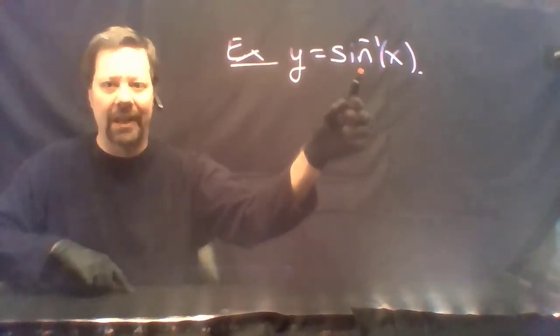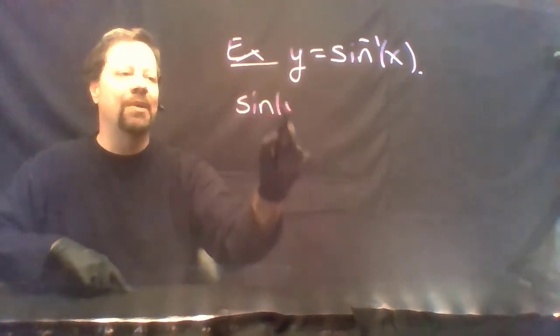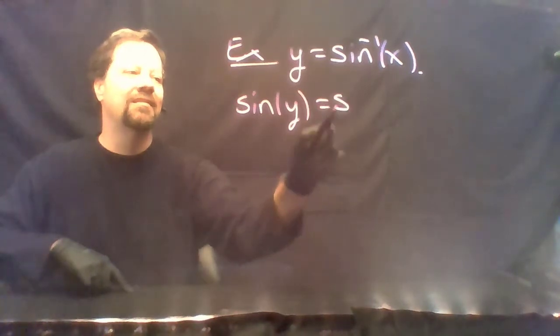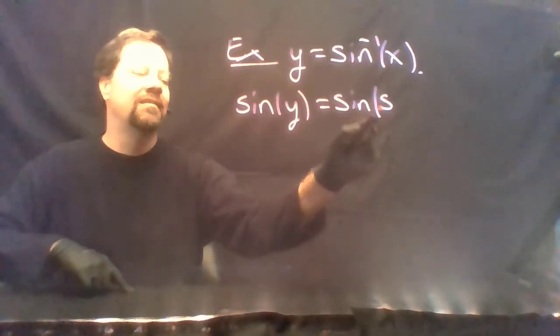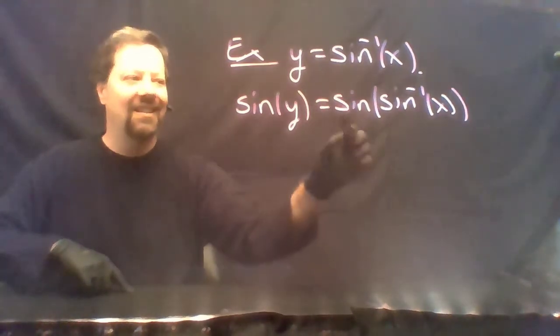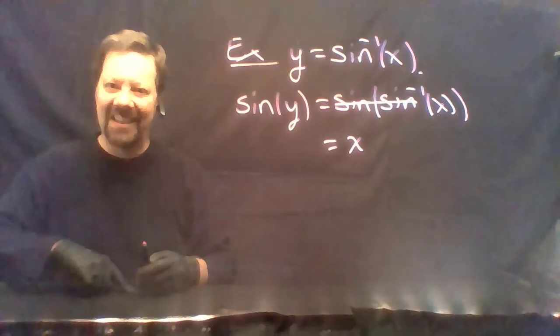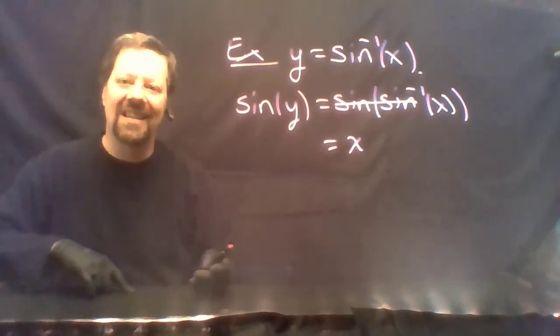We do know how to calculate the derivative of sine. So we'll take the sine on both sides. A function and inverse function cancel each other out, leaving us with merely x on the right-hand side.